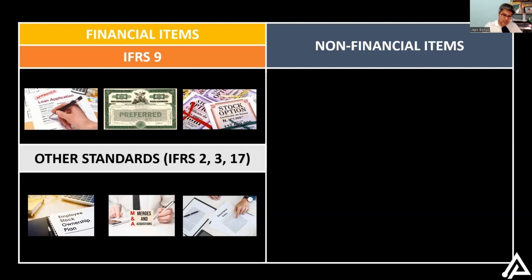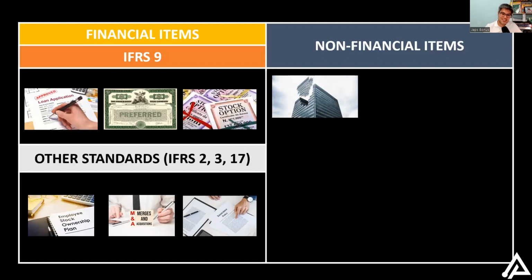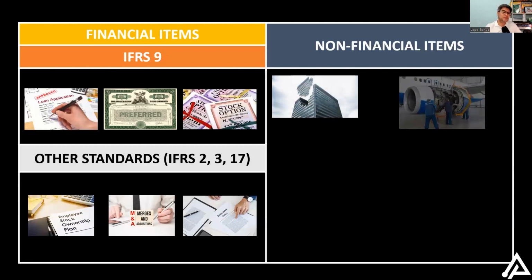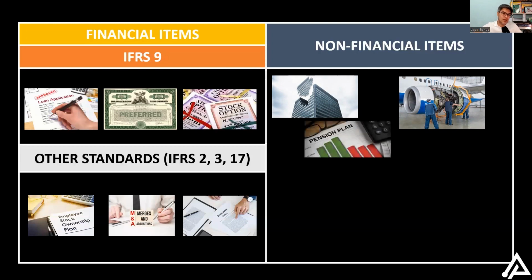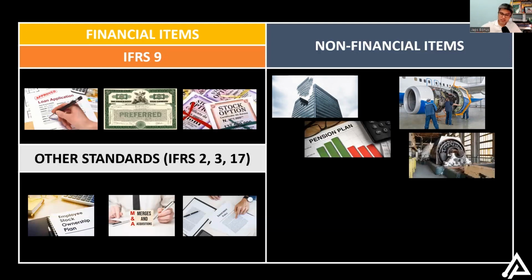Apart from financial items, kasama din dyan non-financial items. Non-current assets for sale or discontinued operations under IFRS 5. Nandyan yan. Property, plant, and equipment accounted for under IAS 16. Pag kailangan malaman yung fair value using replacement cost methodology or approach, na kay IFRS 13 yan. Employee benefits under IAS 19. Impairment of assets, calculation of cash generating units, nasa IFRS 13 yan.